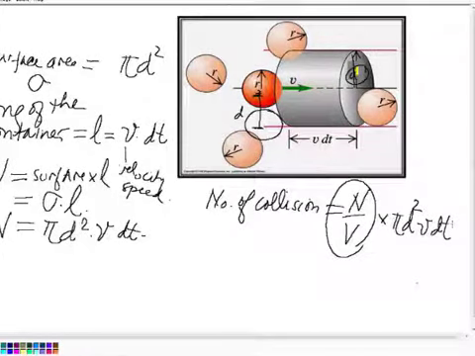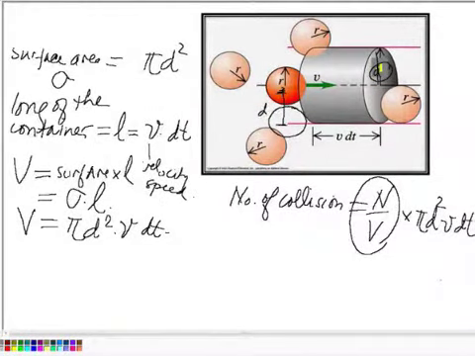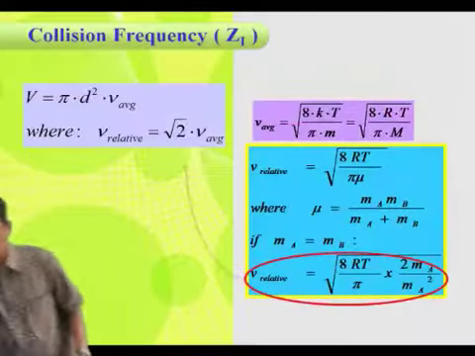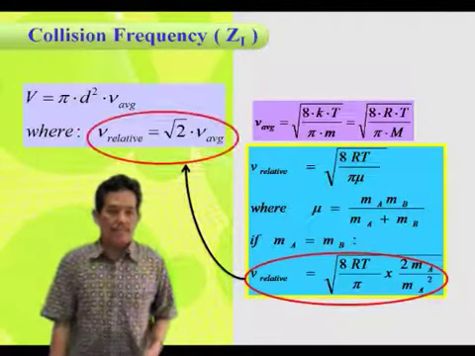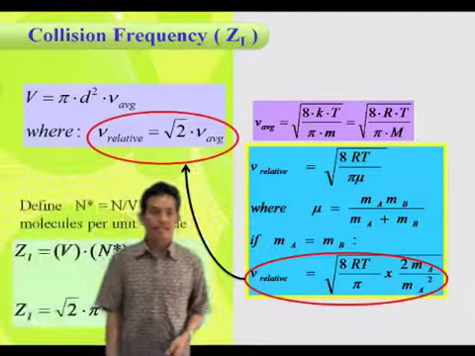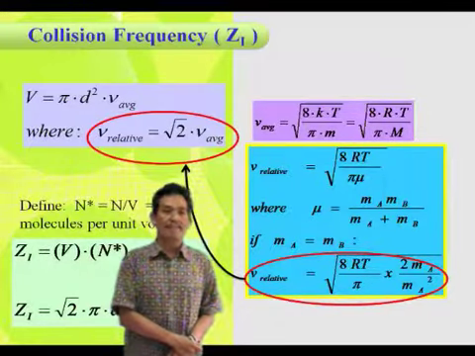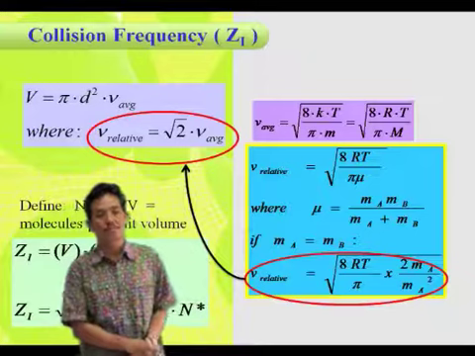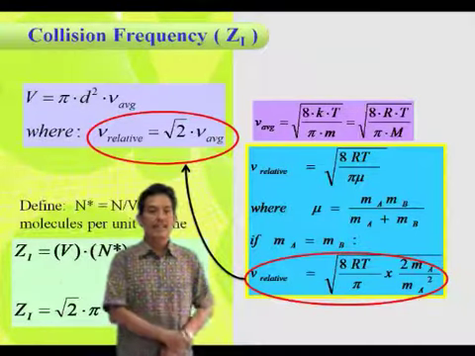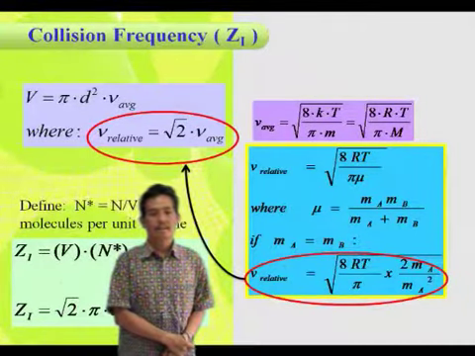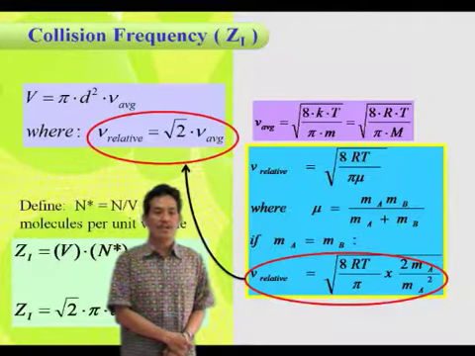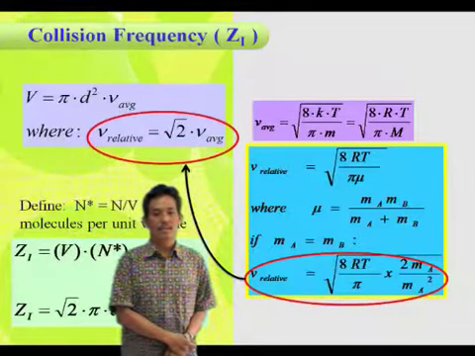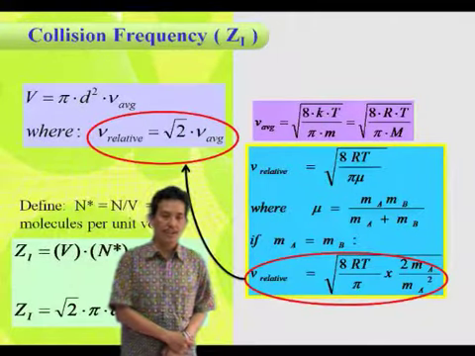So then let's go to the next slide. The collision frequency, as I mentioned, the volume itself is equal to pi d squared times v average.